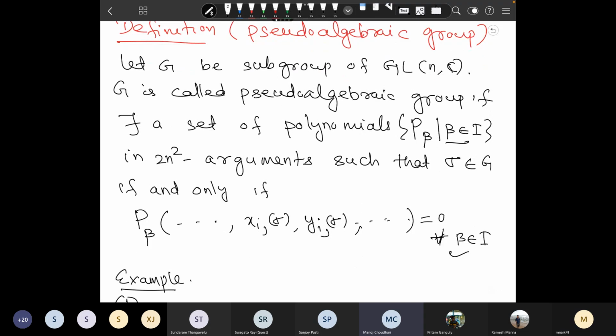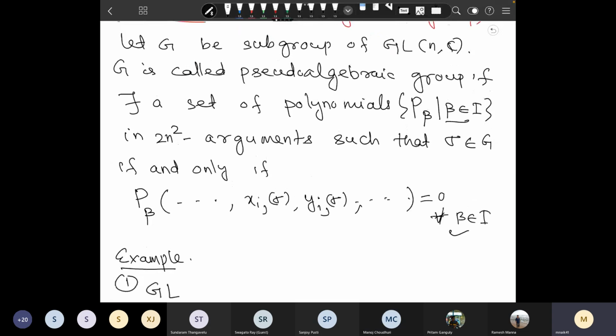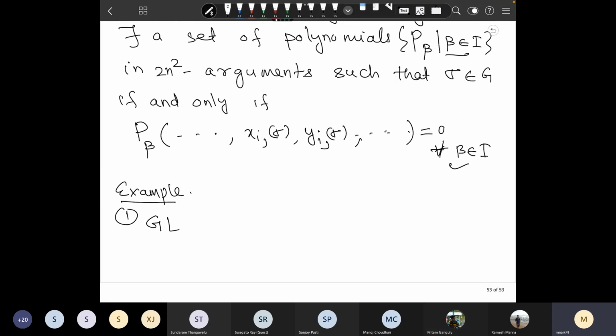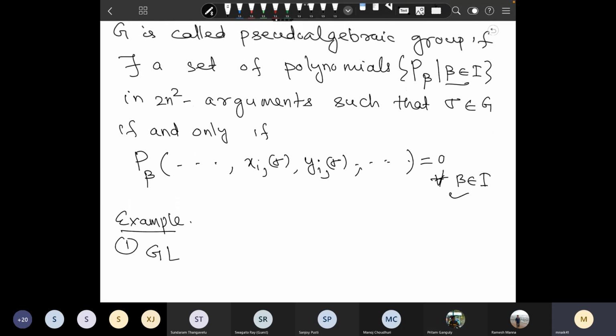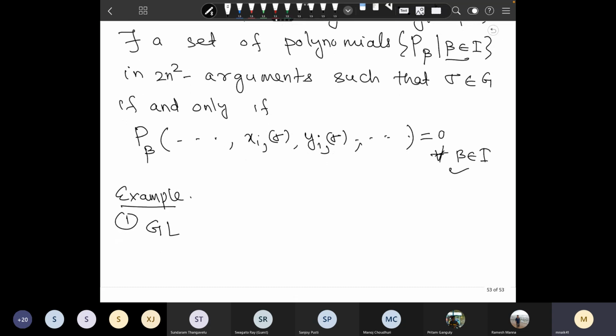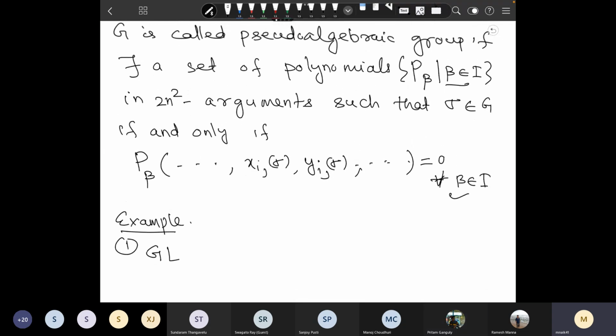Is GLNC an algebraic group or pseudo algebraic, whatever you are saying? You can take GLNC as a pseudo algebraic group or not, depending upon your definition. But I take this I as empty and then I consider that G is pseudo algebraic.